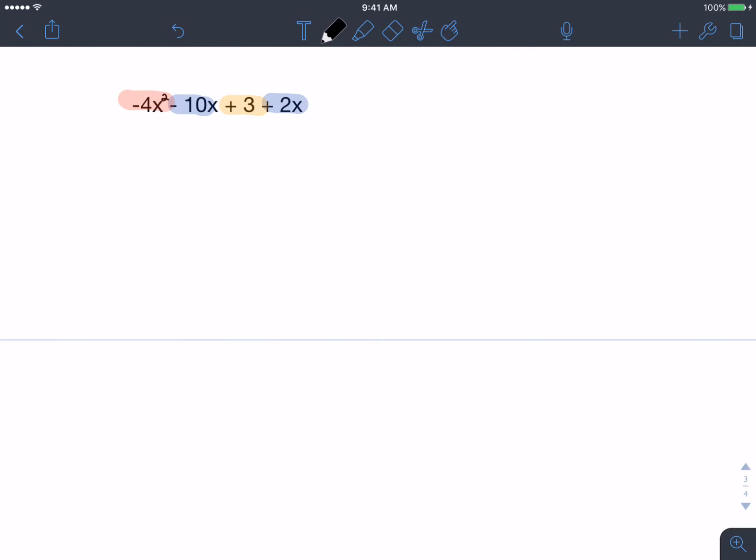I'm going to go ahead and write down negative 4x squared. Since I do not have anything else to combine with it, I know that this is going to be part of my final answer. Then I have my negative 10x and my 2x, and I'm going to combine those.